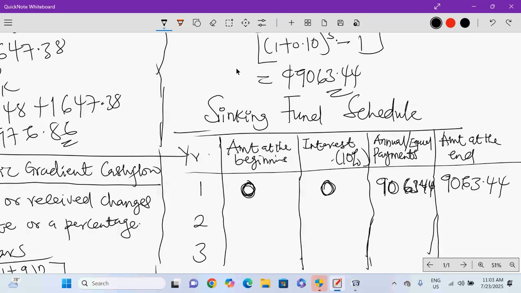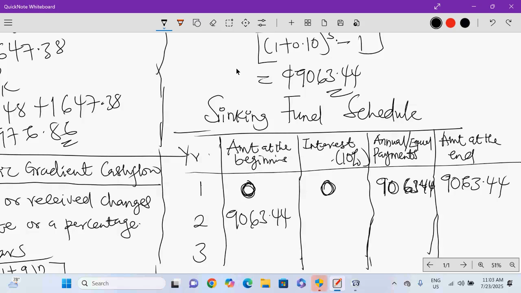Now, in year 2, you are starting year 2. How much is in the fund at the beginning of year 2? At the beginning of year 2, you are having 9063.44. Interest on it is how much? 10% on 9063.44.